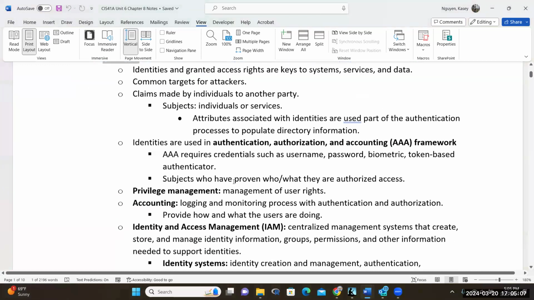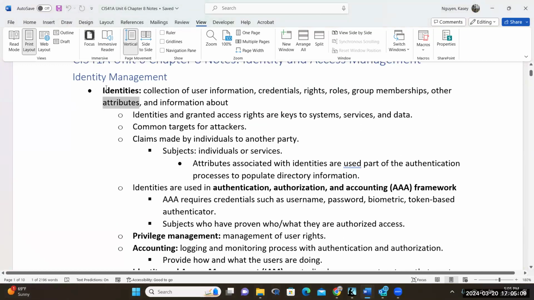And so when you identify, you give the system and the subject the identities. And with that, we want to correlate that with what they are given as access. And so we have to think about what the attackers are looking for. That way we would be able to control the access management properly.